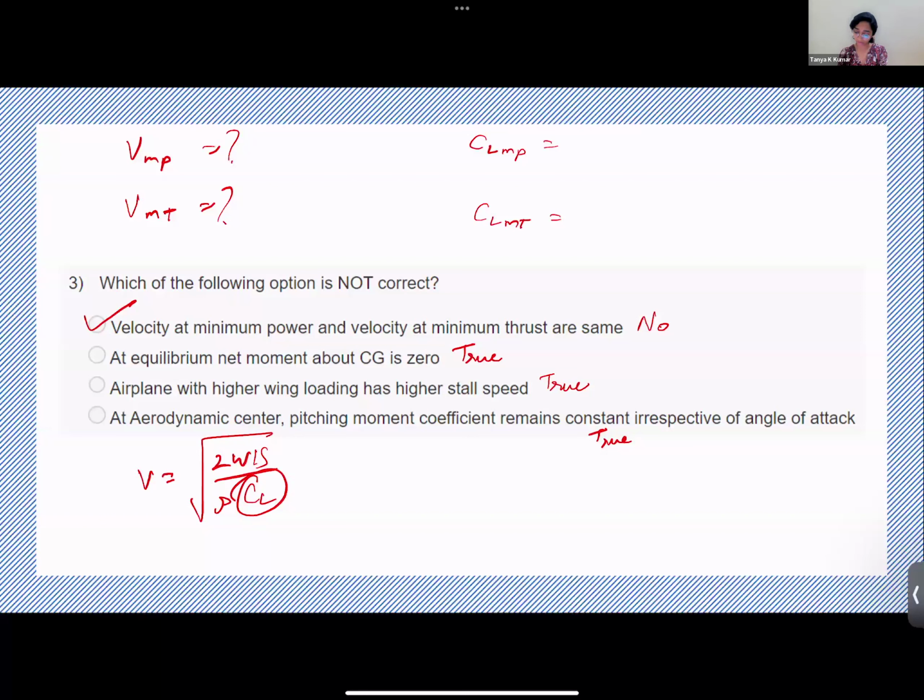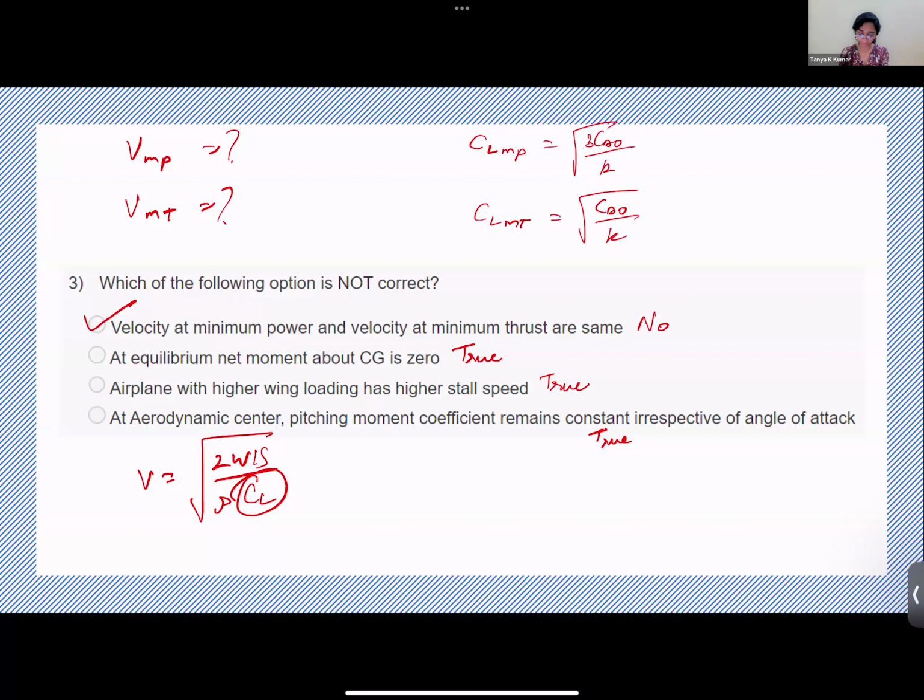CL for minimum thrust is under root of CD naught by K. It's not just CD naught of K, okay? So it's CD naught by K. And what about minimum power? Under root 3 CD naught by K, correct.